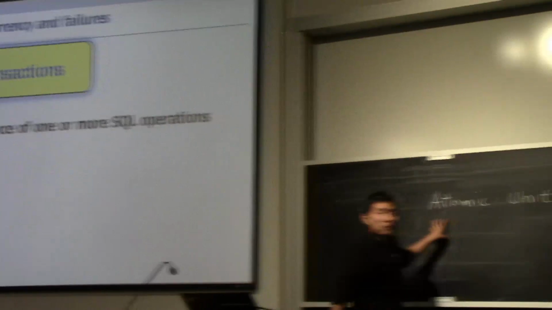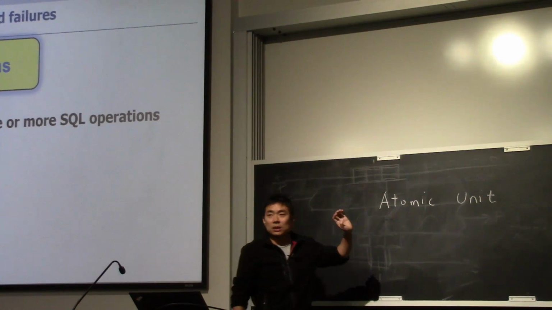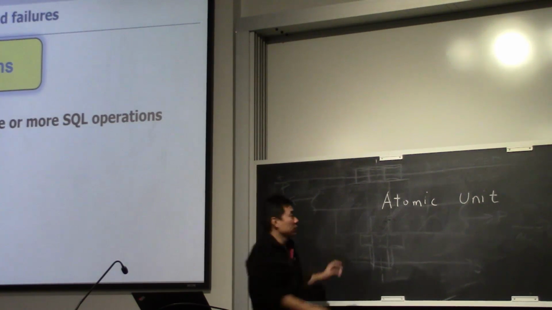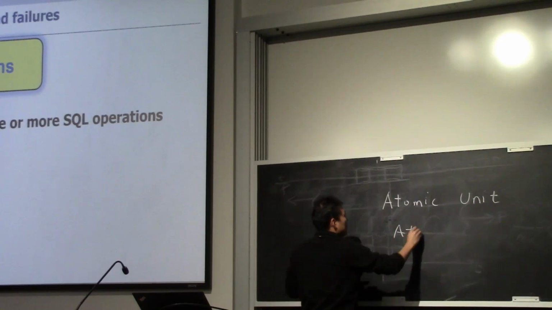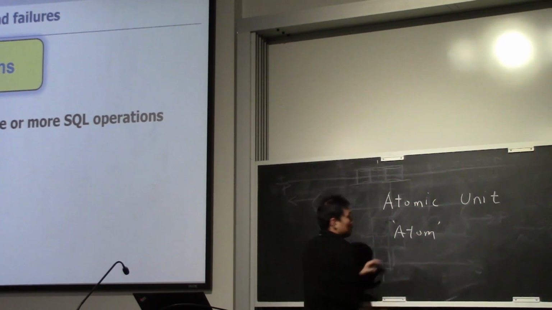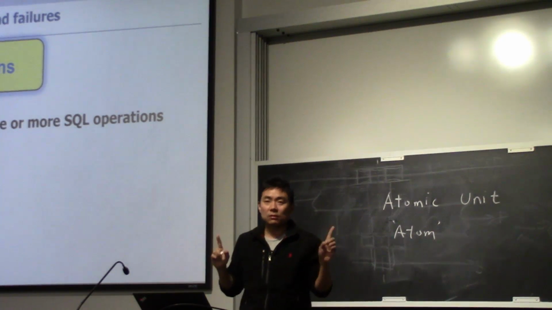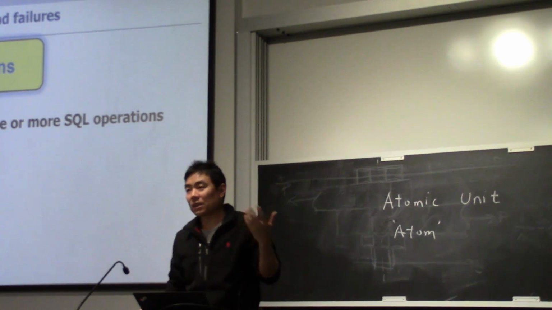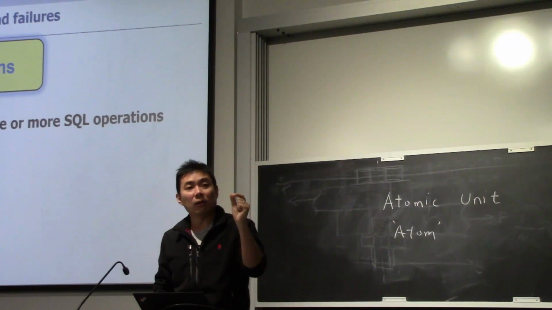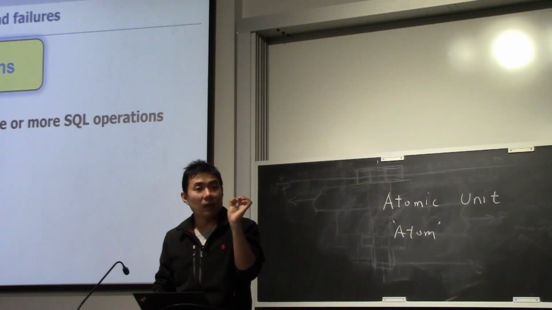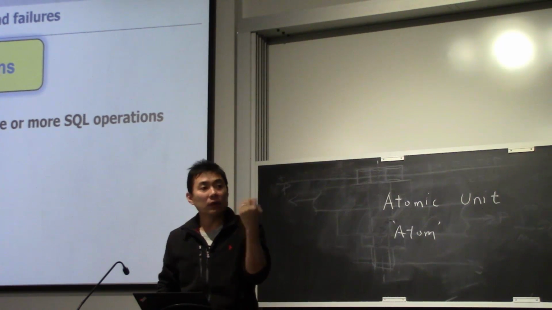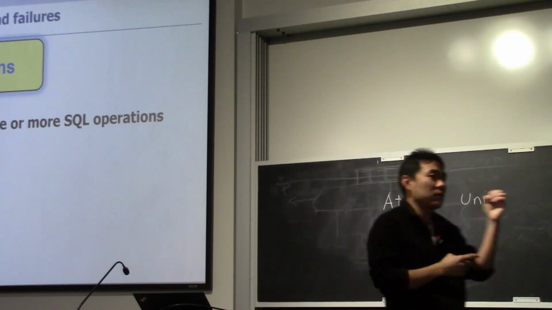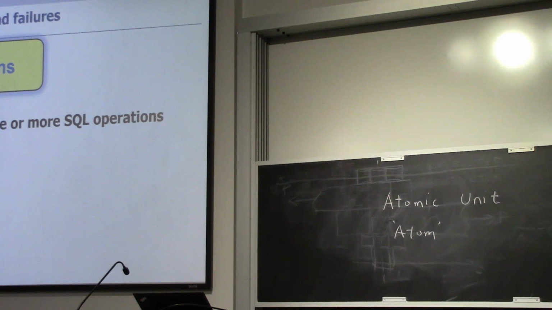I explained why people use this keyword atomic unit, because they used to believe the atom is non-dividable, which we know is no longer the case. Physics has made so much progress, people know there are smaller particles than the size of an atom. But at one point in human history, people believed that the atom is really the smallest part you can go.